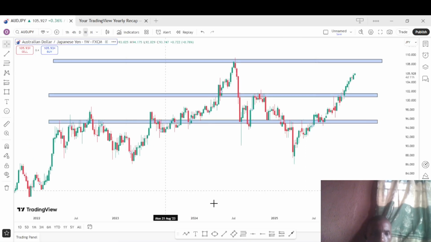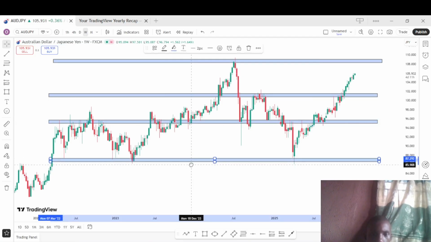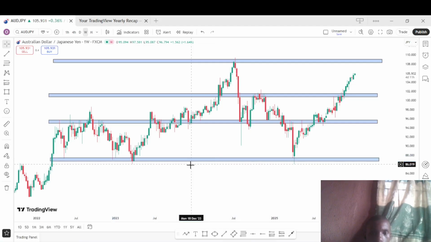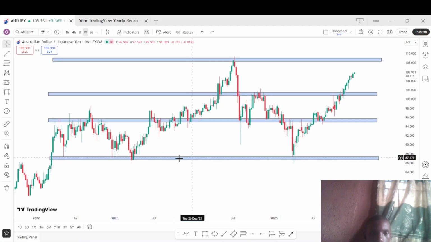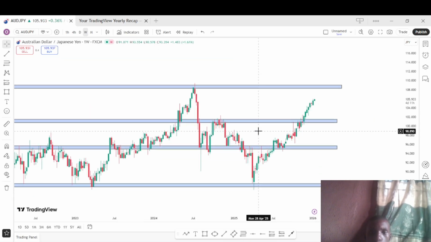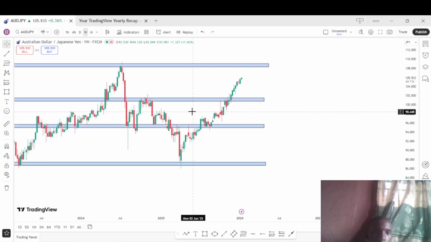There are still some here, but because they're not relevant to us for now, okay, it's reacted here, reacted here. So what are we going to check for on this pair, on the weekly time frame?